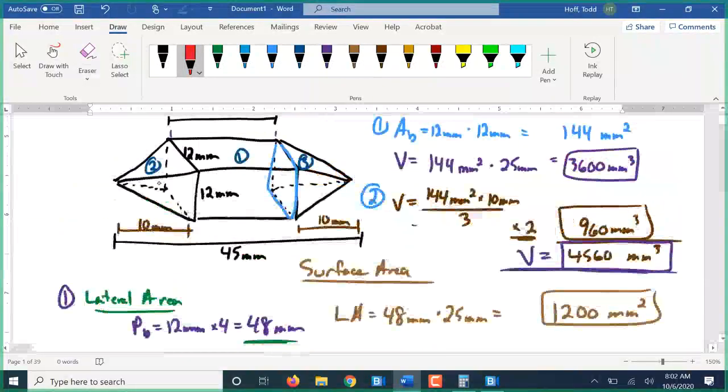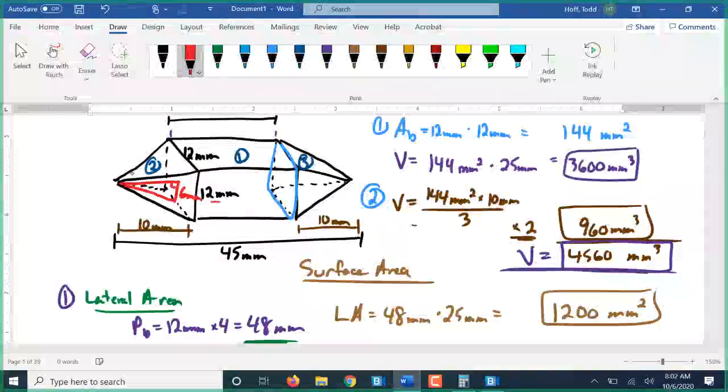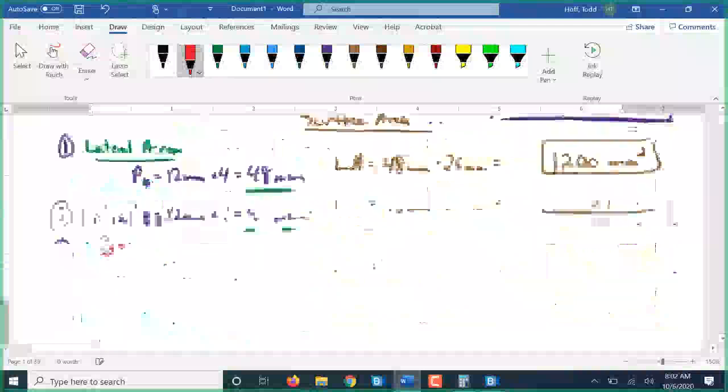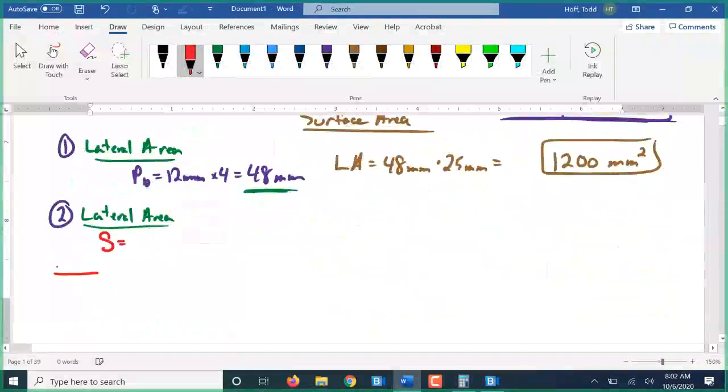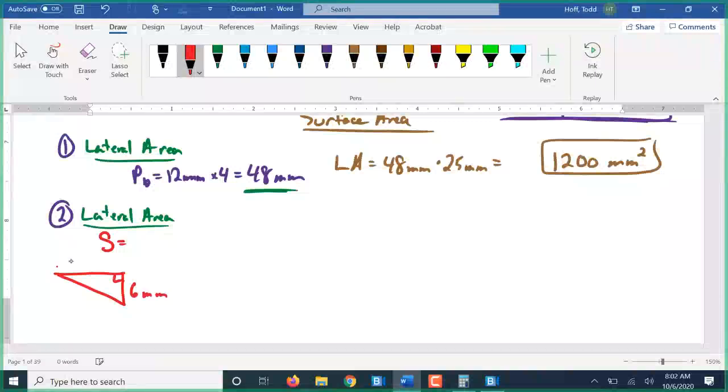We're going up here, finding that slant. Well, this is 6 millimeters here, half of my 12. This here is my 10 millimeters, this distance. So I have 6 millimeters, 10 millimeters. This is what I'm trying to find for my slant.